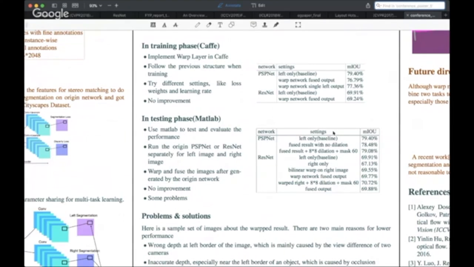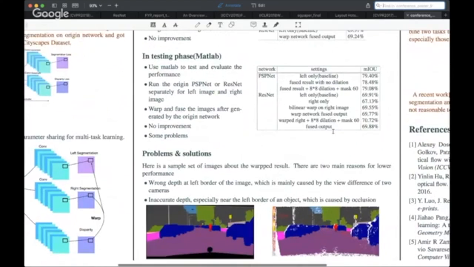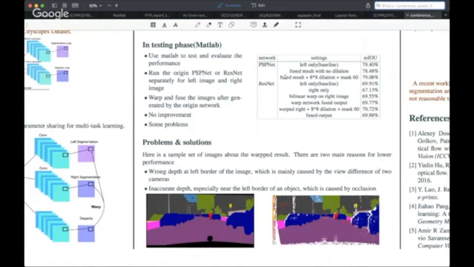So in order to find the upper bound of the warp method, we next did experiments in the testing phase, and we used MATLAB to evaluate the performance.